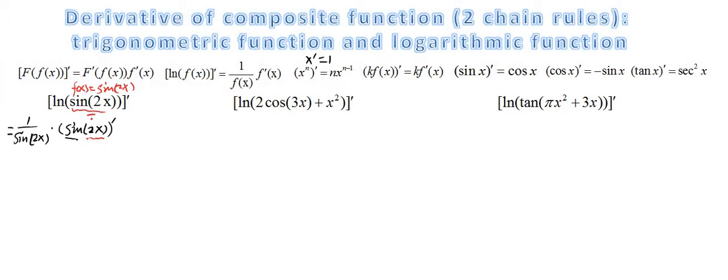Now we can simplify it. 1 over sine 2x times the derivative of capital F. Here the derivative of sine is gonna be cosine.